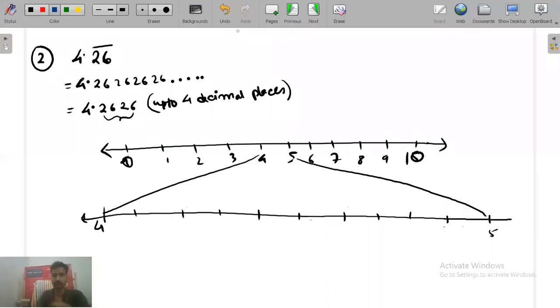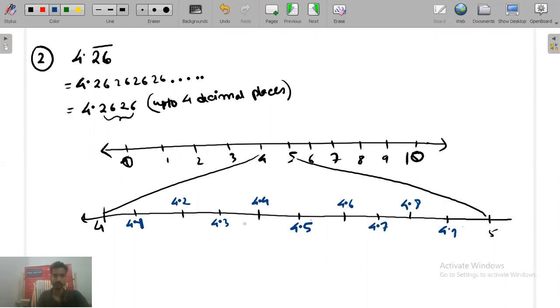If you divide 4 and 5, it will be like this: 4.1, then 4.2, 4.3, 4.4, 4.5, 4.6, 4.7, 4.8, 4.9.